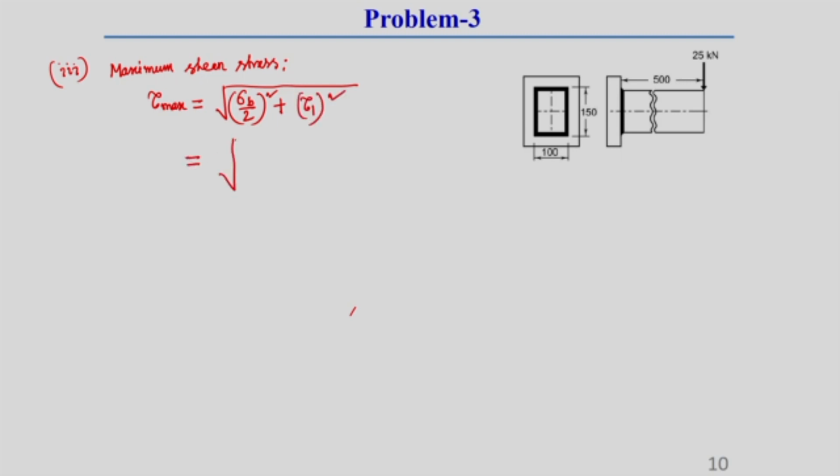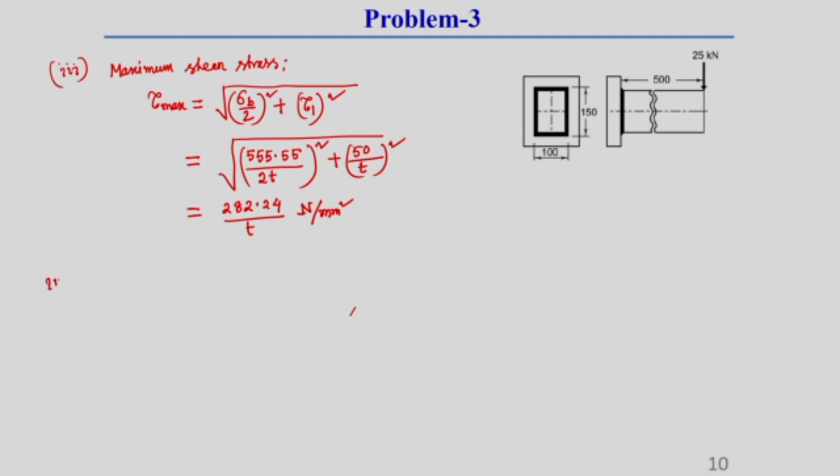Here sigma b by 2 I have already calculated, that is 555.55 divided by T, so this will be 2T, whole square, plus tau 1 is 50 by T, whole square. So, tau max we are getting as 282.24 divided by T Newton per mm square.